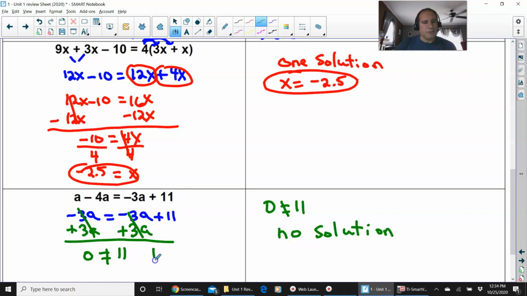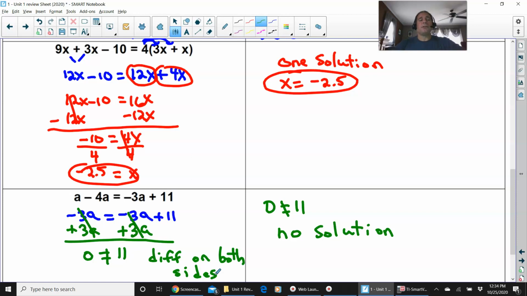Remember, different expressions on both sides, then it's no solution with the same value for x.